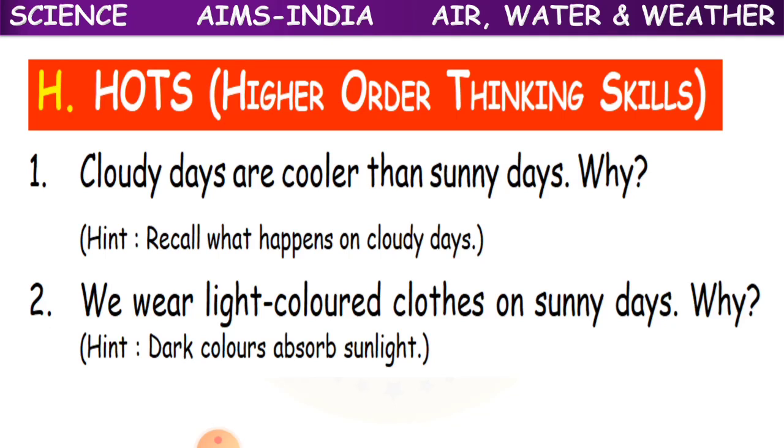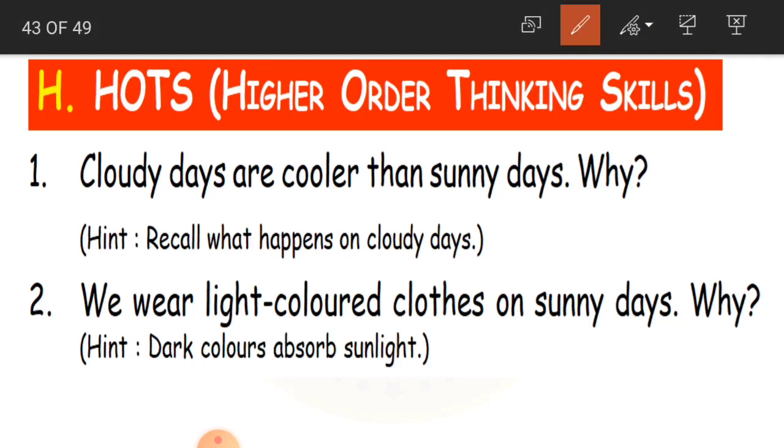Now this is a higher order thinking skills question. Cloudy days are cooler than sunny days. Why is it? What is the clue here? Recall what happens on cloudy days. What happens, children?